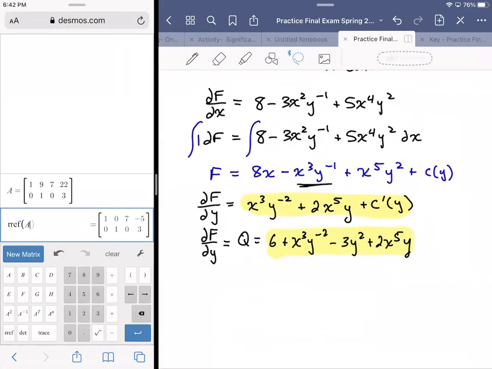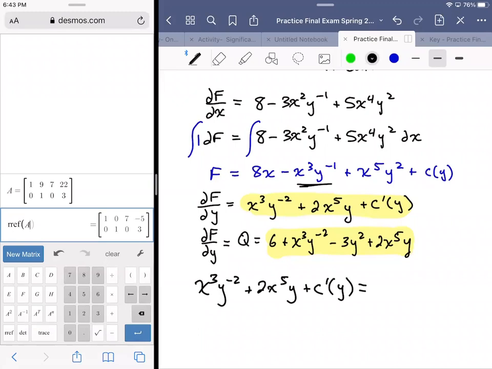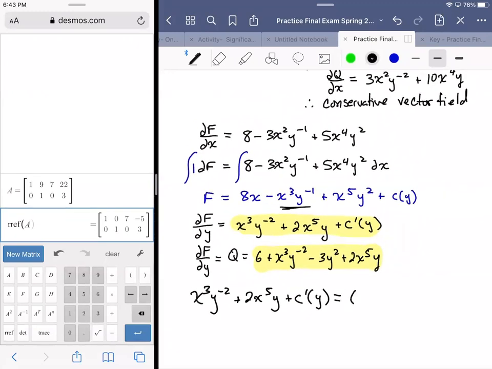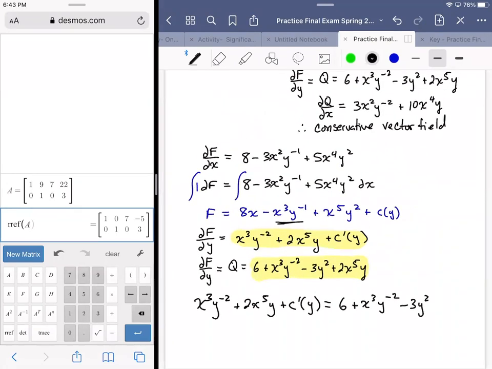I'm just going to take a second to rewrite: x cubed y to the negative second plus 2x to the fifth y plus c prime of y. You can cancel on the fly if you want, I'm just showing all the extra steps. 6 plus, and I almost got myself into trouble there. And then we have minus 3y squared plus 2x to the fifth y.